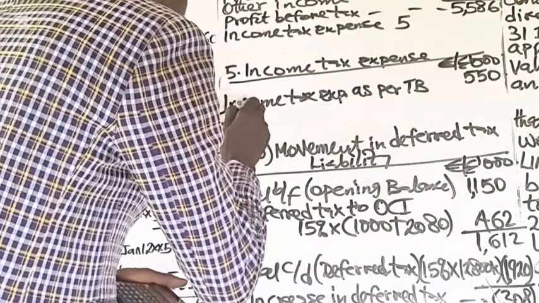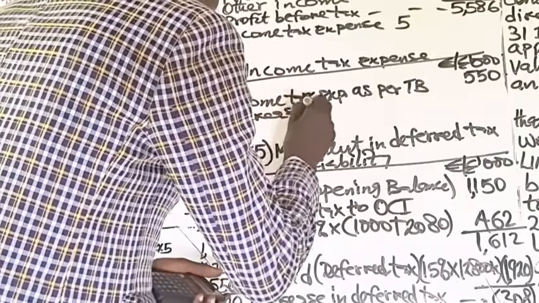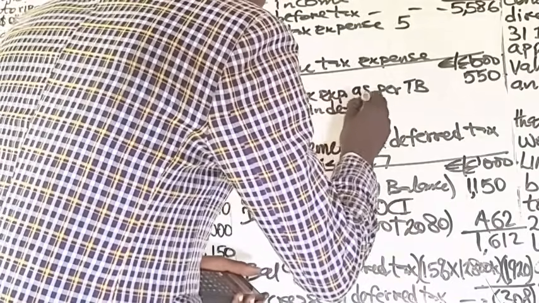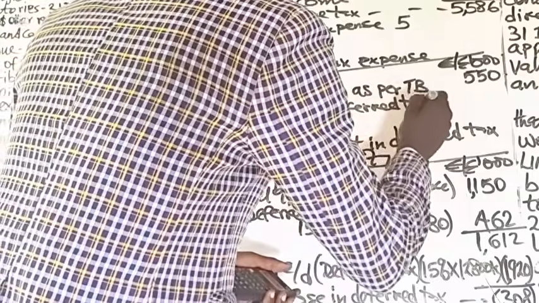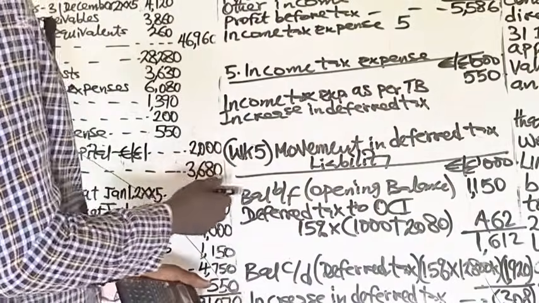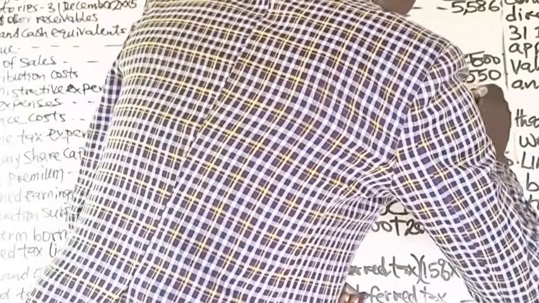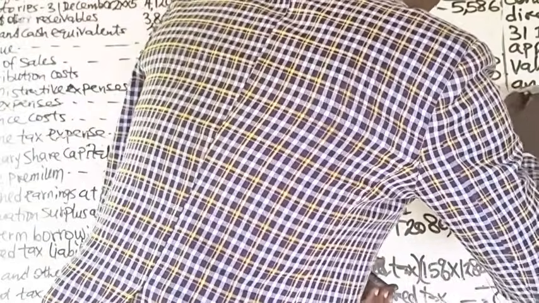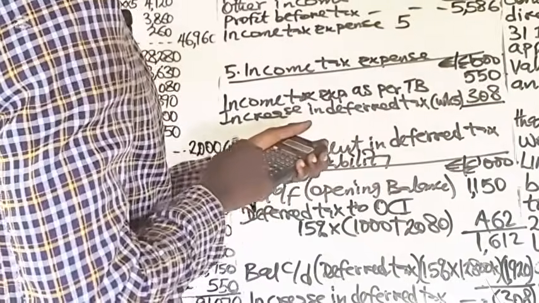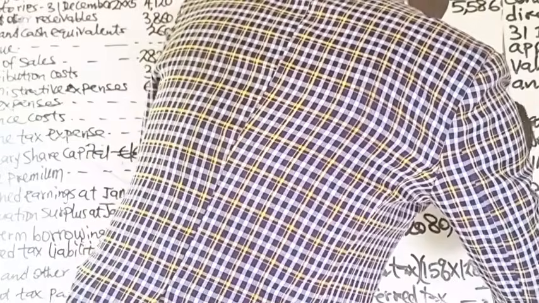So we have an increase in deferred tax, that is working number 5, that amounted to 308. If you add 308 to 550, then you have 858.